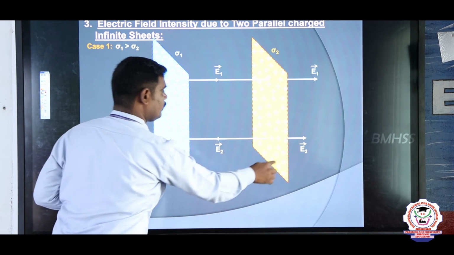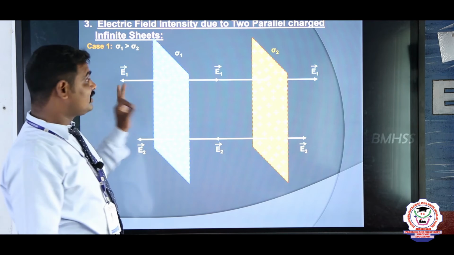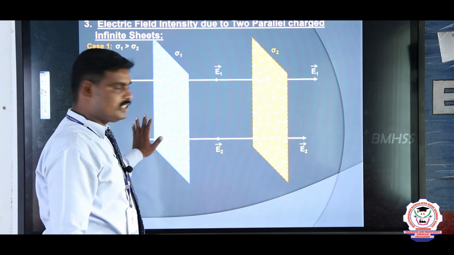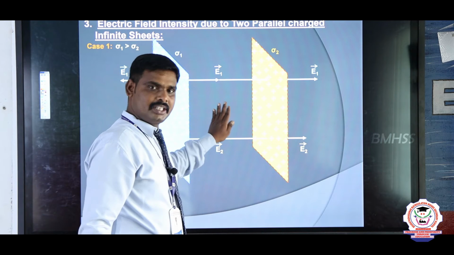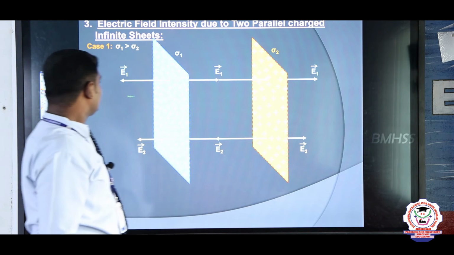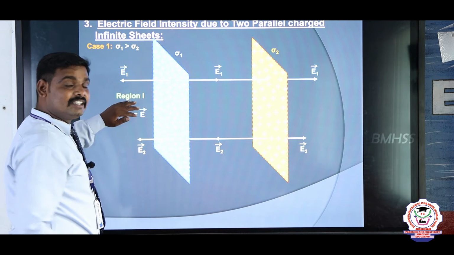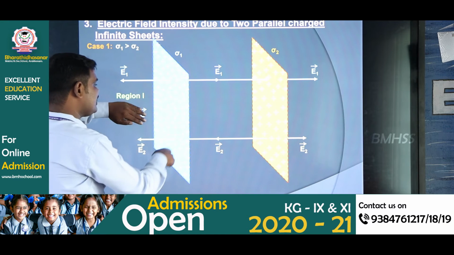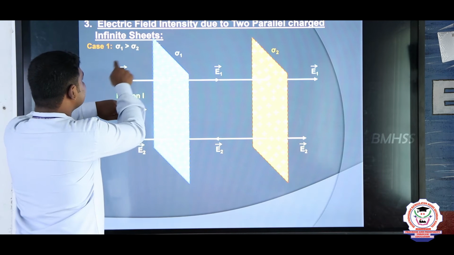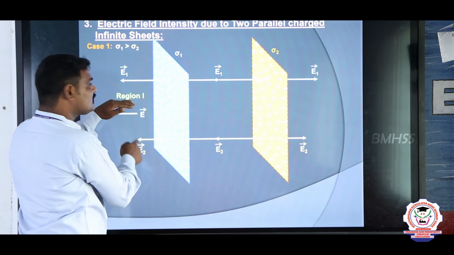Now let us consider the three regions: first, second and third, with this one being the center region. In region 1, the charge density is more, so this electric field is high and the other electric field is less.